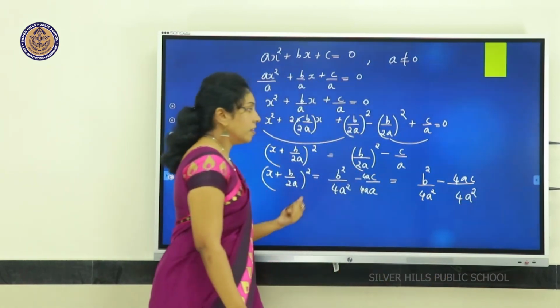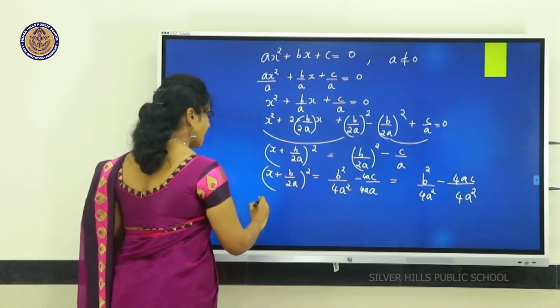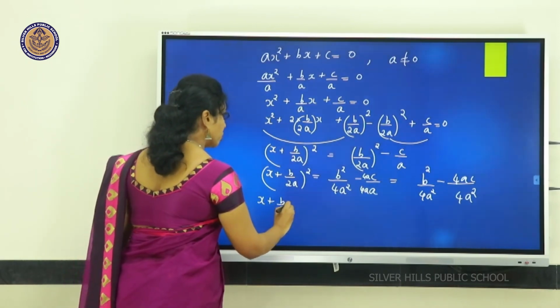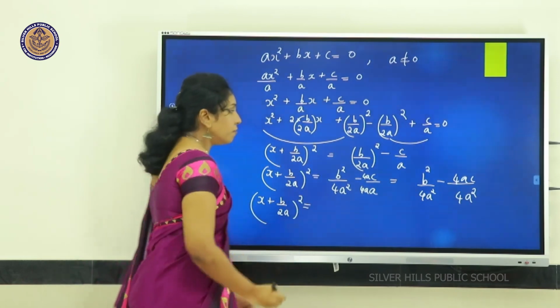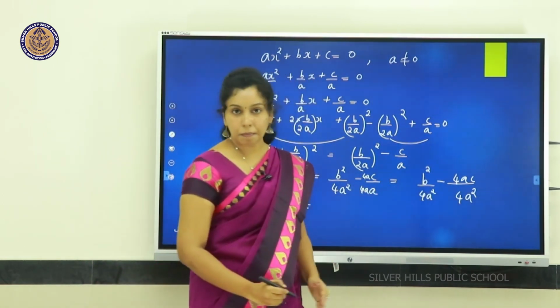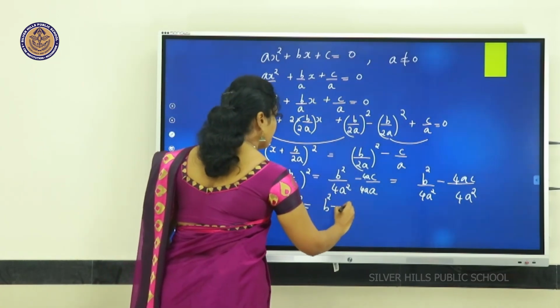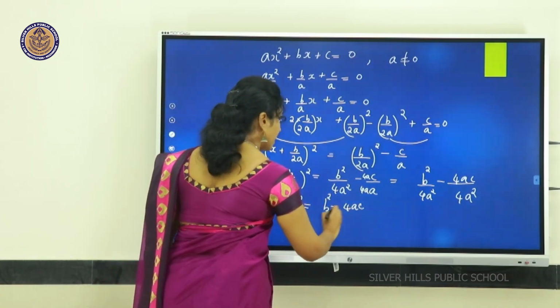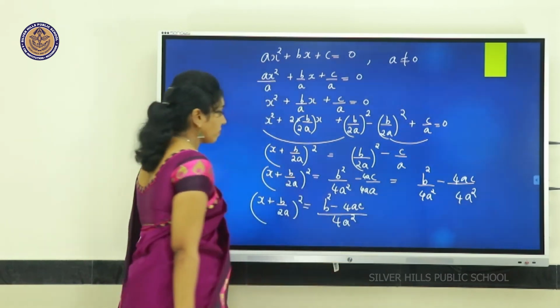Denominators are same. So I can write this as x plus b by 2a the whole square is equal to. If denominators are same, I can combine the numerators. So I get b square minus 4ac by 4a square.